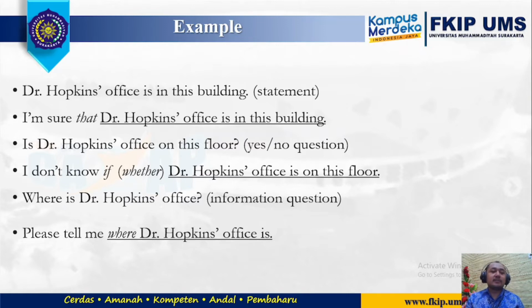And one more example here, like, where is Dr. Hopkins' office? This is an information question. When we move this question into a noun clause, it can be like, please tell me where Dr. Hopkins' office is. That's the example of the WH question into the noun clause.